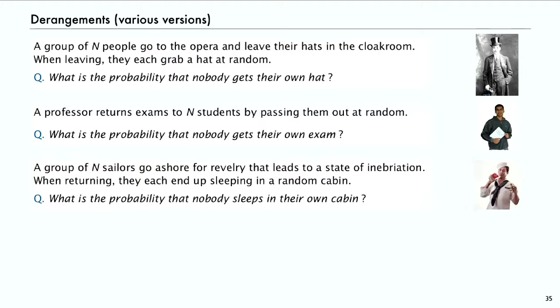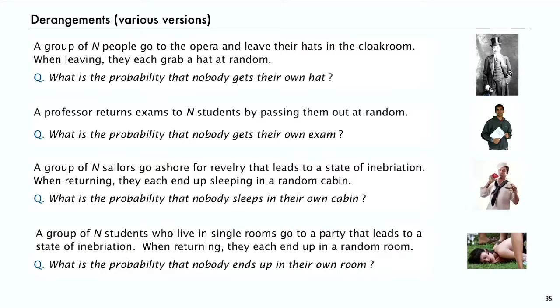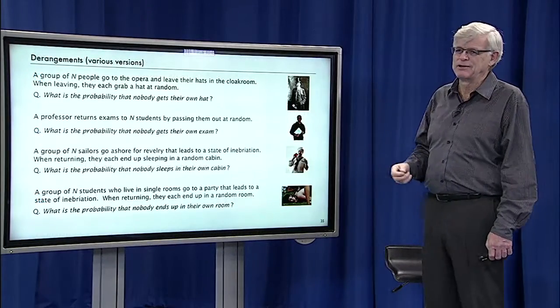You have a group of sailors that are a bit inebriated, and when they get back home, they wind up sleeping in a random cabin. What's the probability that nobody winds up in their own cabin? Or maybe more relevant to college students: N students who live in single rooms and they also get in a state of inebriation. What's the probability that nobody ends up in their own room? That's all the same problem.